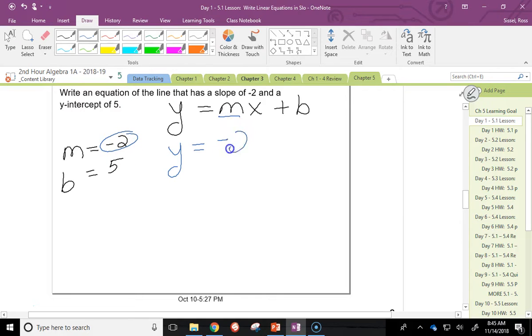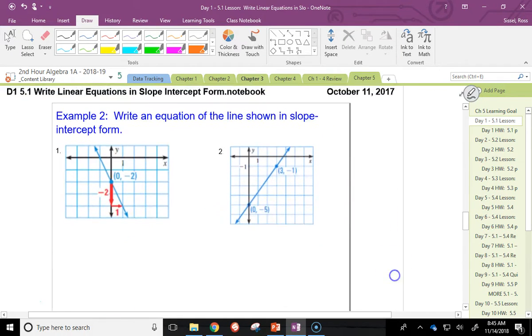So I say -2, the x stays, and then I go ahead and say my b, my y-intercept. It was +5. That's all we have to do. That's all there is to writing in slope-intercept form. Can we graph this? Yeah. Y-intercept was 5, then our slope was -2x.